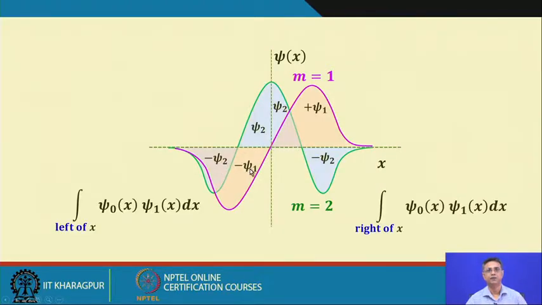So, this psi 1 is here and this part multiplied by psi 2 will give you the left hand side, and similarly psi 2 and psi 1 on the right hand side will give you the same value, with a minus sign for this part and this part, and a plus sign for this part and this part, which will be equal to 0. So, for every mode to every other mode, we can do this same calculation and see that modes are orthogonal.